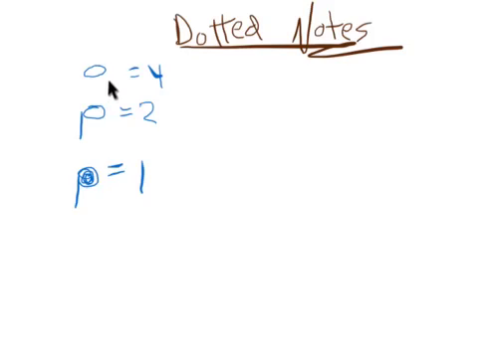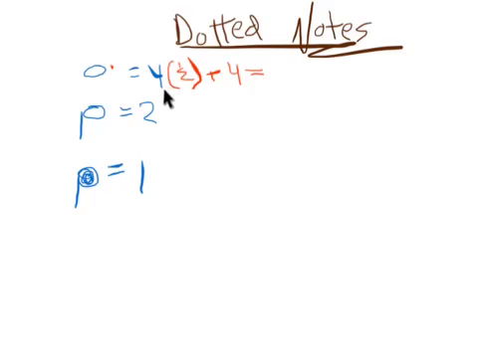So we're going to work with our whole note, which normally has 4 beats, our half note, which usually has 2 beats, and the quarter note, which gets 1 beat. If we place a dot after a whole note, that simply means that you are going to take half of that note and add it on to itself.